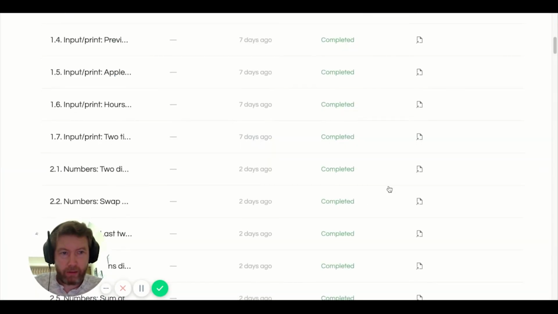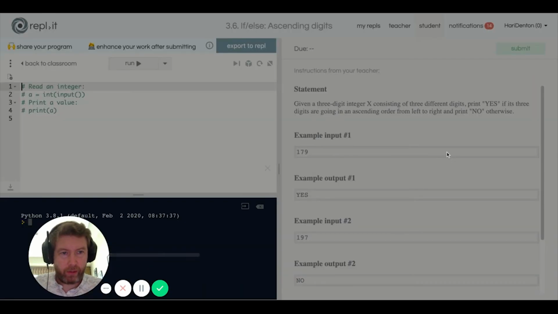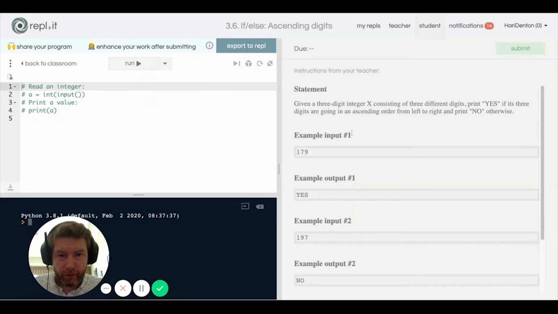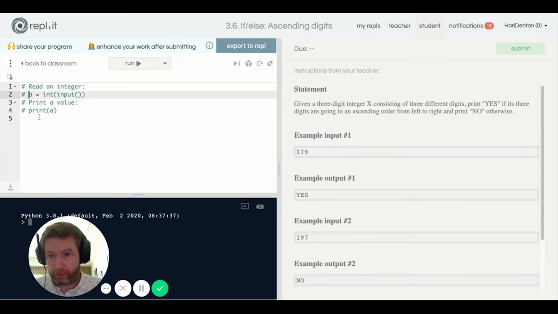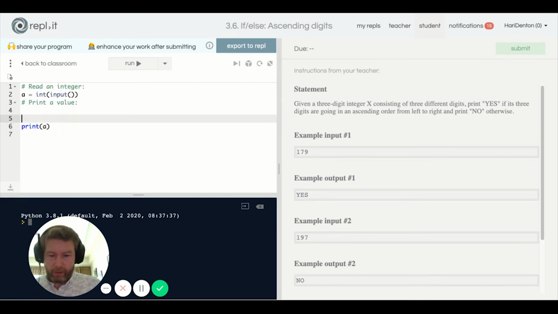Okay, so we're doing lots of Boolean logic. Given a 3-digit integer x consisting of 3 different digits, print yes if its 3 digits are going in ascending order from left to right and print no otherwise. Okay. I think we're going to have to do some, okay, so first is going to be equal to A whole number divided by 100.